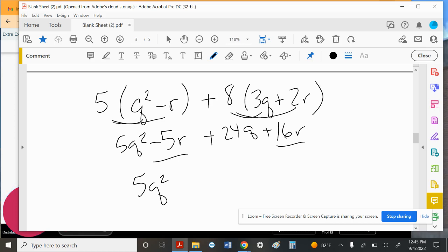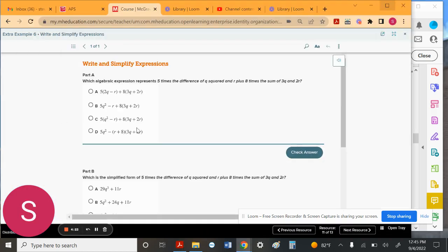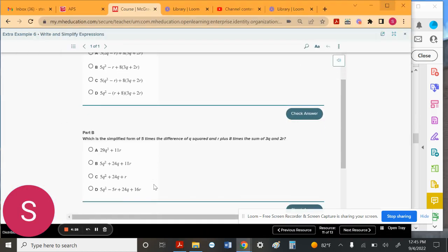Minus 5 plus 16 is plus 11r, plus 24q. Okay, so now we've combined everything together: 5q squared, 11r, 24q. And that should be it.